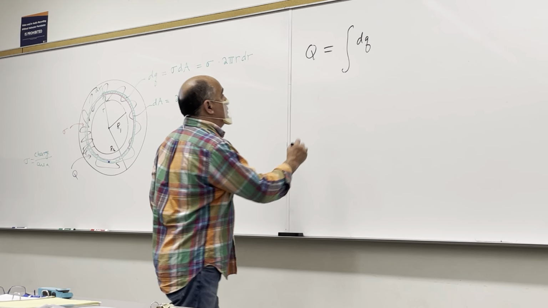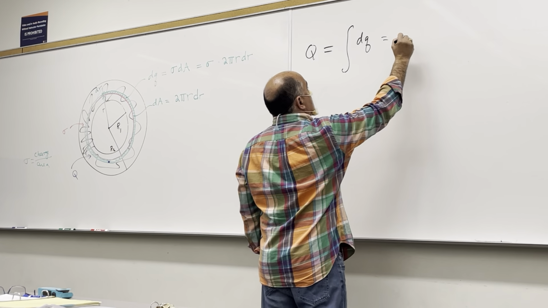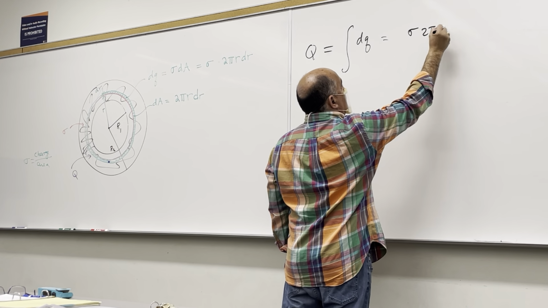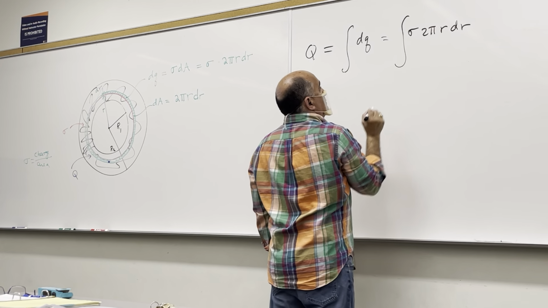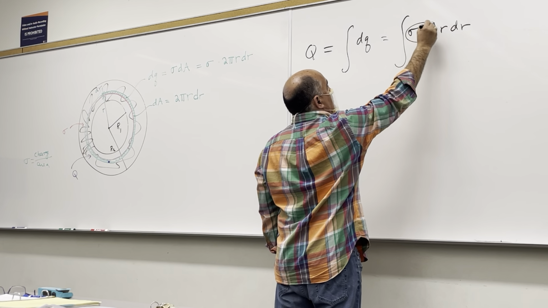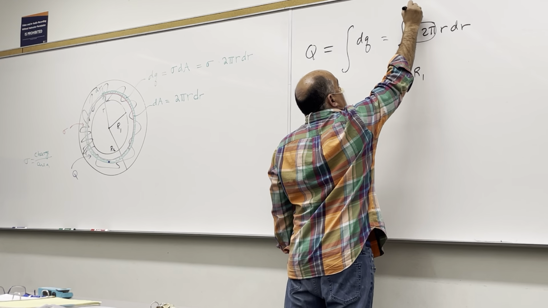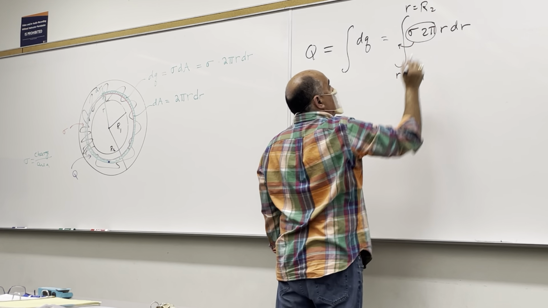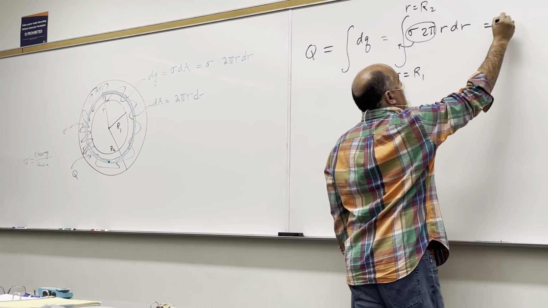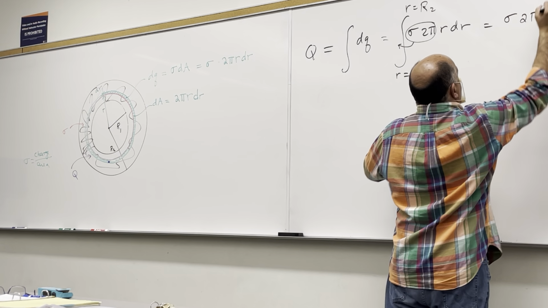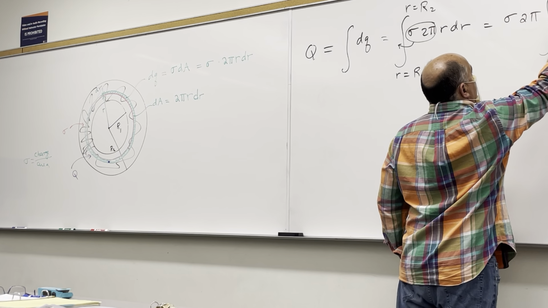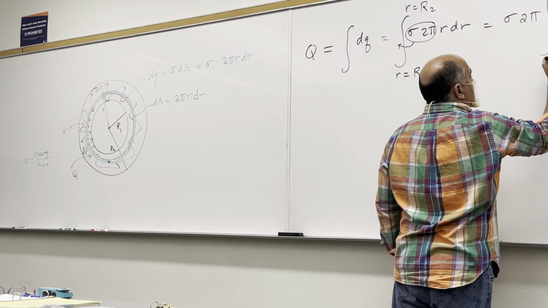So then I take that expression, and that's just sigma 2 pi r dr, right? And then all of these are constants, so I pull those out, and I integrate from R1 to R2. So this is sigma 2 pi integral of r dr from R1 to R2.